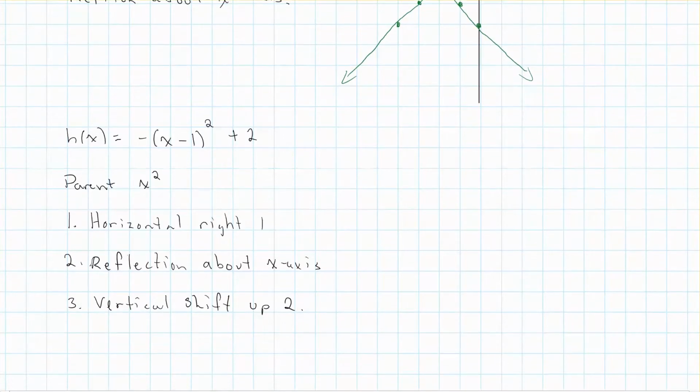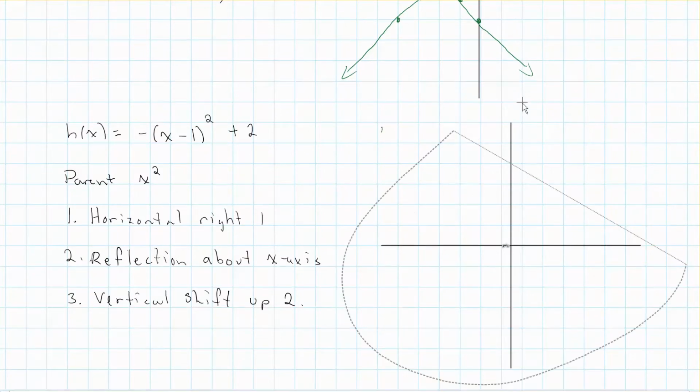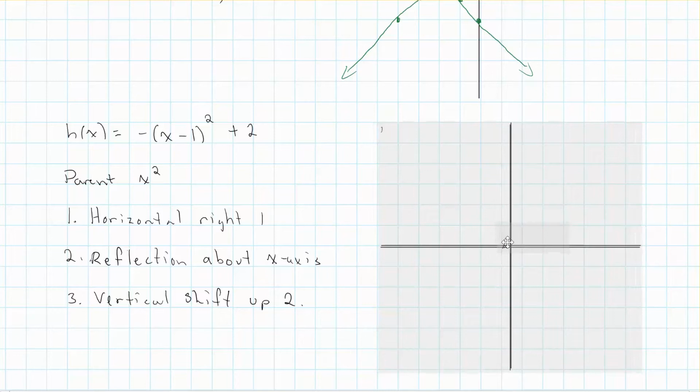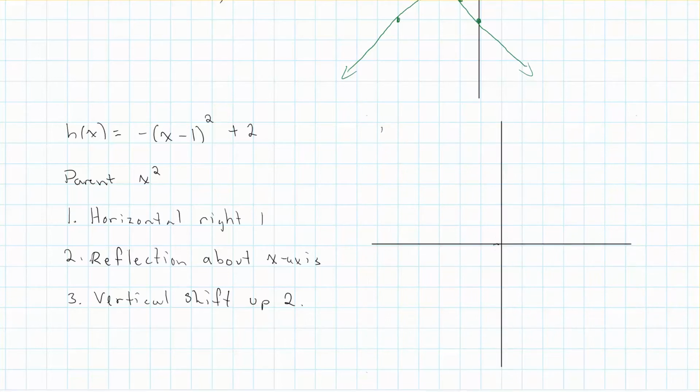Okay, so let's go ahead and do our normal sketching that we do with these. I don't know why this is not wanting me to move things. Alright, so parent function, oops, that's not in the right spot. And then we'll apply the transformations.